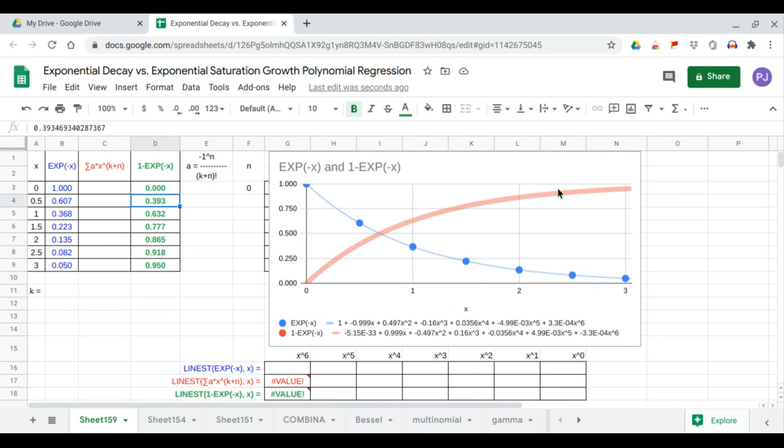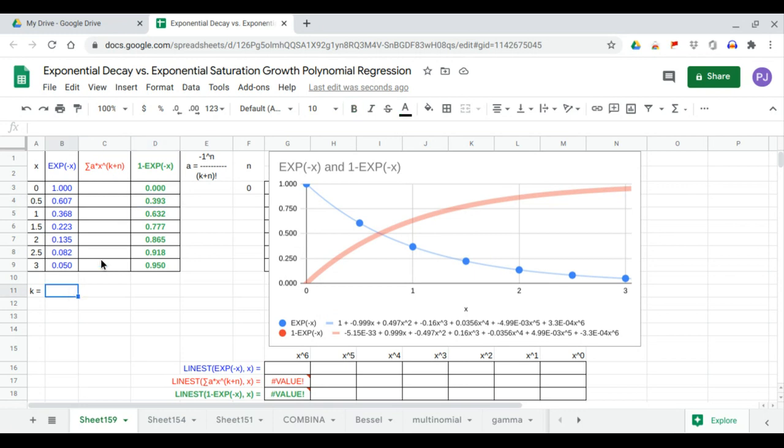Next, we generate the Taylor series expansion of both the decay and the saturation growth, where it is the summation of a times x to the power k plus n.